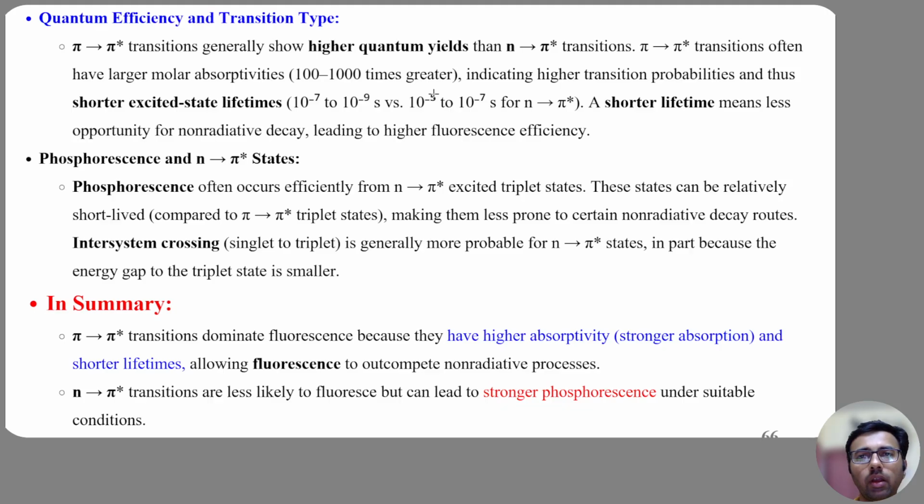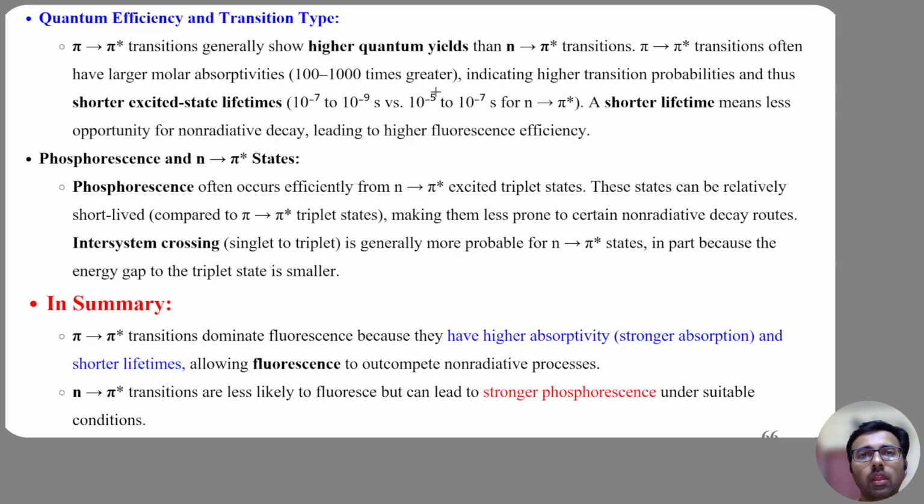Now we compare transition efficiencies. Pi to pi star transitions generally show much higher quantum yield than n to pi star transitions. Why? Because molar absorptivity is 100 to 1000 times larger. A higher absorptivity means higher transition probability.